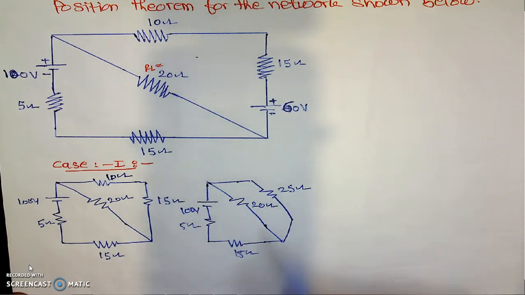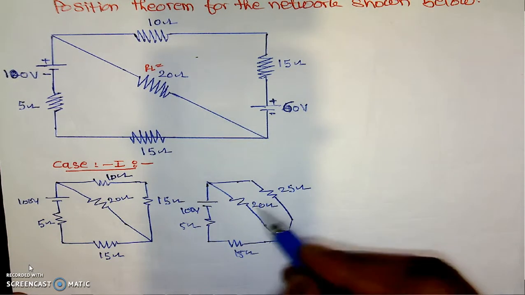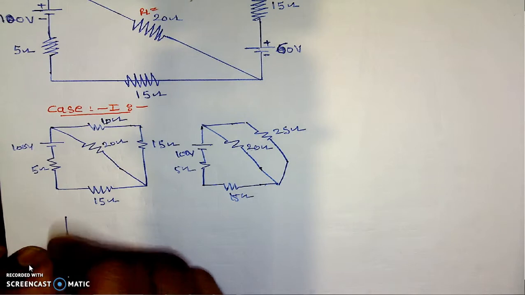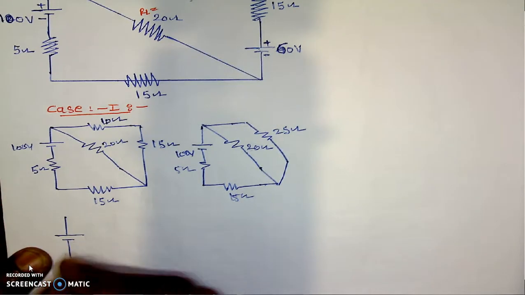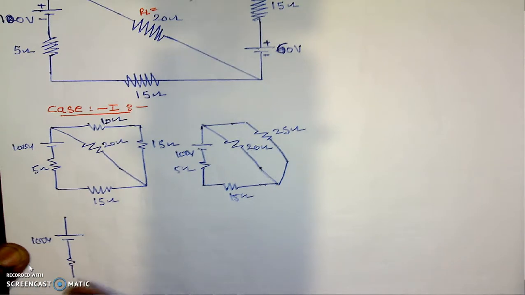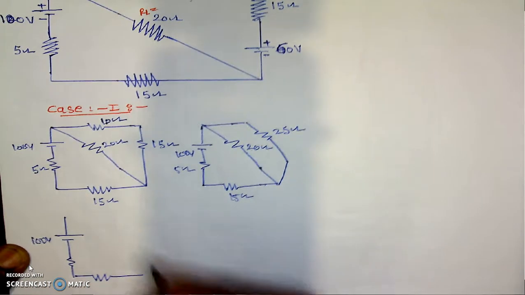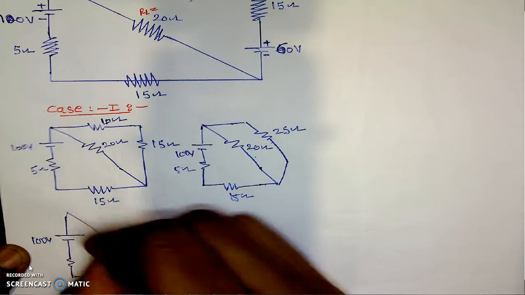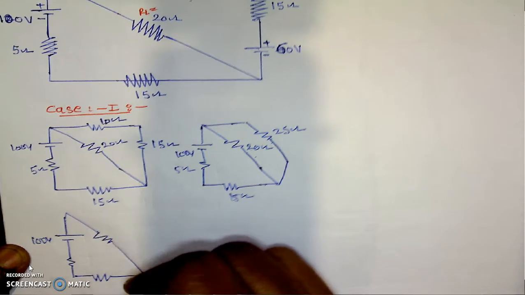Now next, these two resistances are in parallel combination. Its reduction will be something like this. Here in this case, the 100 volt source will remain as it is. Here it is 5 ohm. This resistance will be 15 ohm. And these two resistances are replaced by a single resistance having its parallel combination.